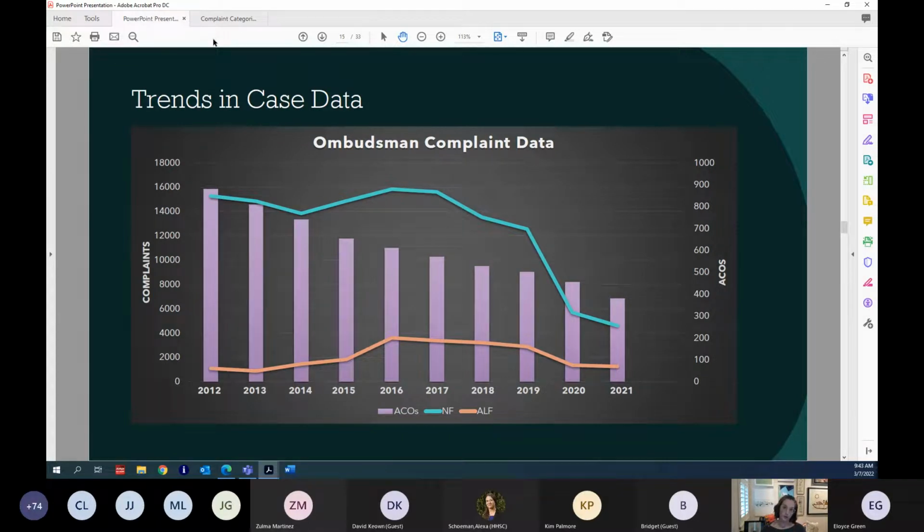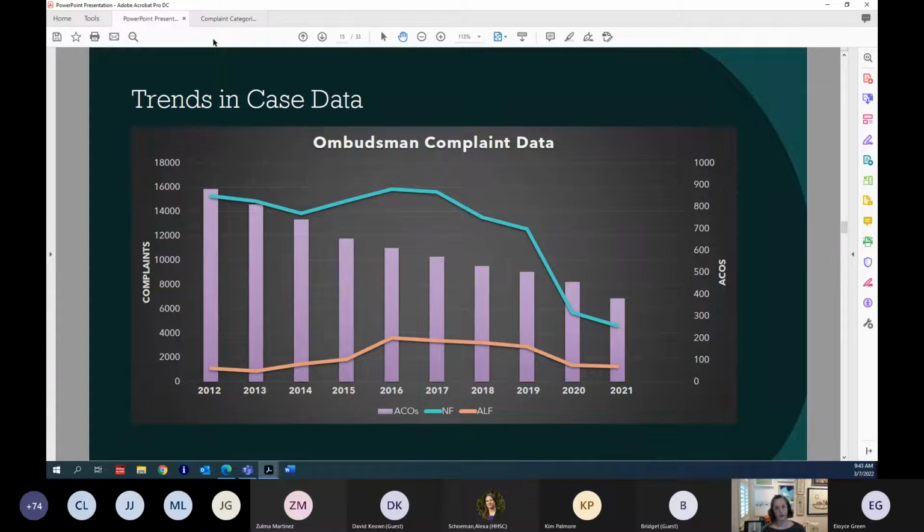One more visual for you to take a look at. On the left-hand side is showing you the number of complaints that we reported. The purple bars are our numbers of active certified ombudsmen. Again, that's volunteers and staff. Green or turquoise is our nursing facility complaint numbers, and that orangish line is our assisted living facility complaint numbers.